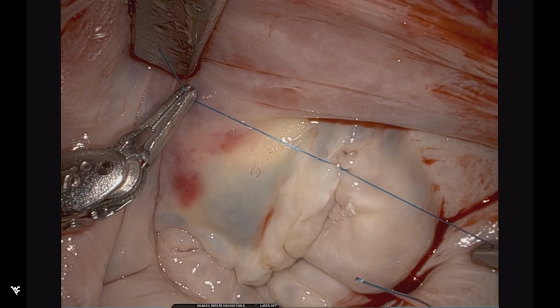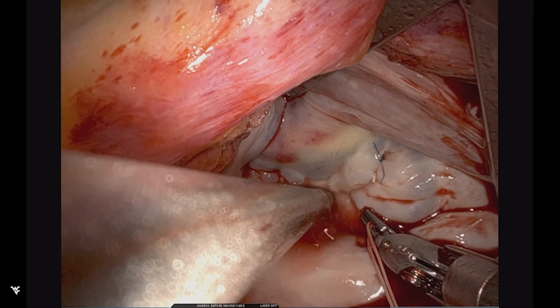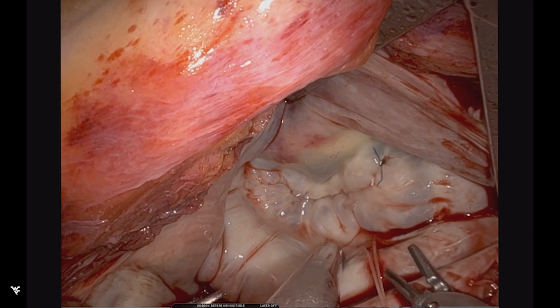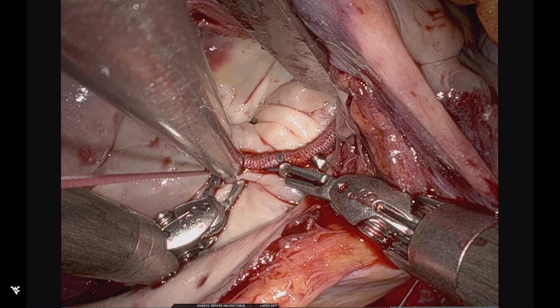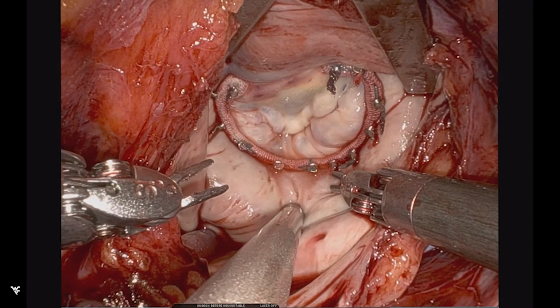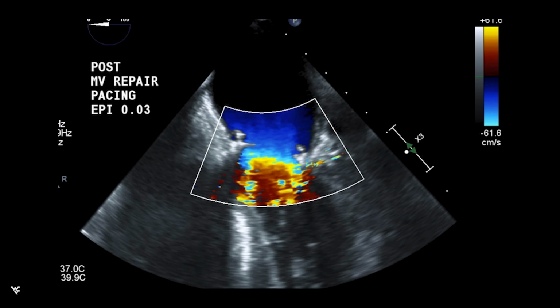Again, this avoids the running nature and allows the persistence of a nice orifice and placement of fairly large supportive band. Again, another 38 millimeter. And demonstrating an intact repair without stenosis.